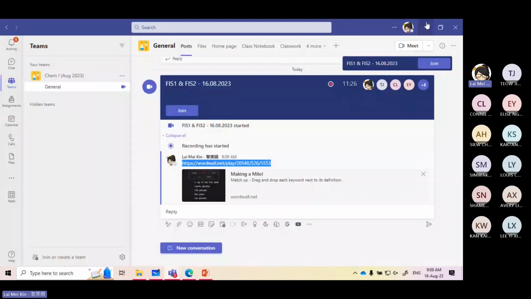You guys can access Teams, or do you want me to send it to WhatsApp? Anyone want me to send to WhatsApp? No need, so you access it through Teams.